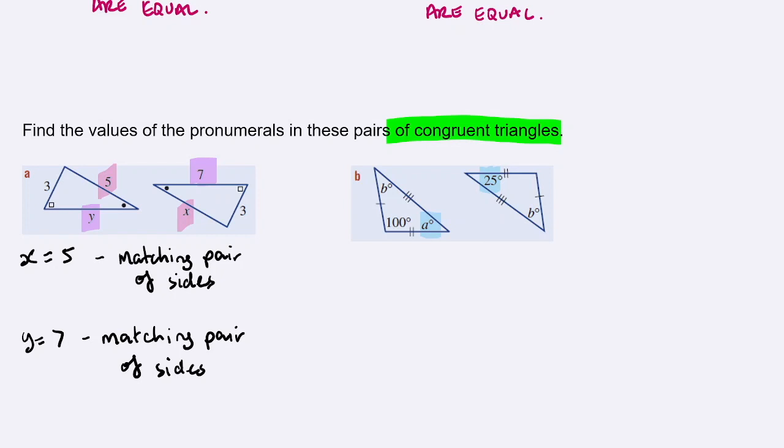So they are the corresponding angles. So therefore A has to equal 25 degrees because they are corresponding or matching angles.